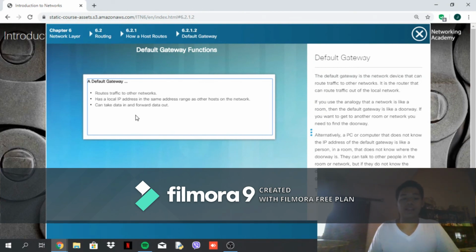It can take data in and forward the data out. So that is the default gateway. If you watched the previous summary, the default gateway is similar to its IP address.